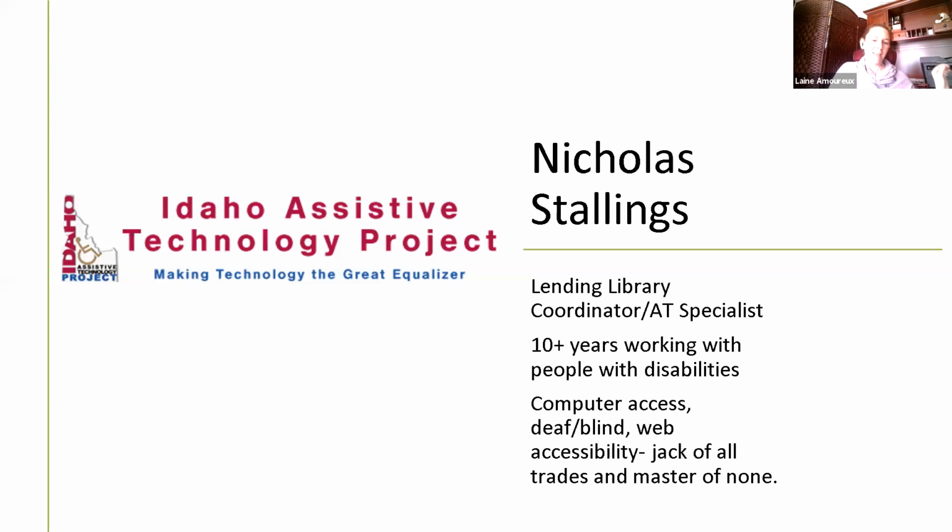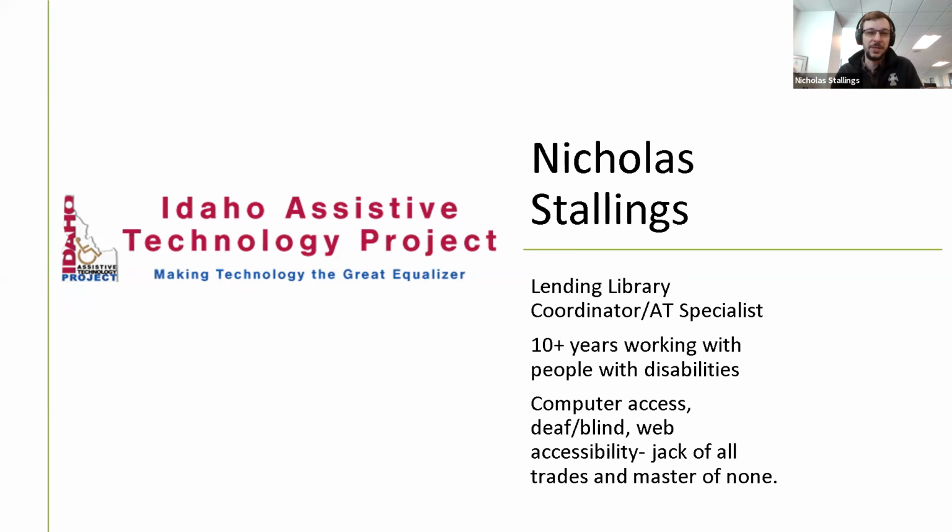Toss it to Nick. And hello, everyone. Like Lane said, my name is Nicholas Stallings. I'm a lending library coordinator and AT specialist for the Idaho Assistive Technology Project. Been working 10 plus years with people with disabilities in all forms and fashions. And right now I spend a lot of my time on computer access, anything to do with assistive technology for accessing a computer.